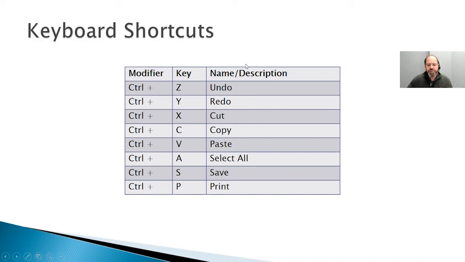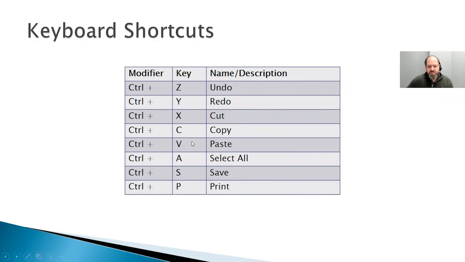If you're typing something and you make a mistake, or if you hit something with the mouse with your right hand, you can hit Control Z with your left hand and undo it. And that's a big time saver. And then redo is Y. I don't know why they use Y. It's right in the middle of the keyboard, maybe because it's far away. You don't hit it by accident.